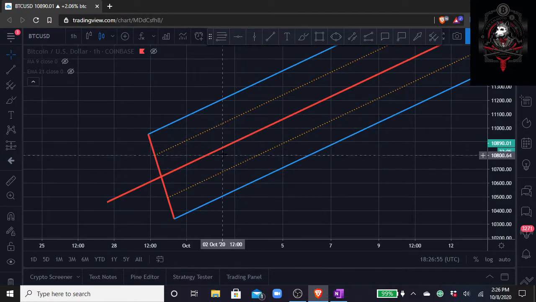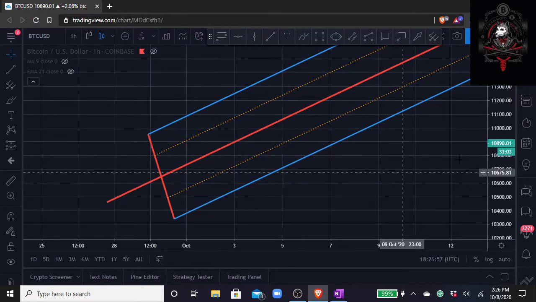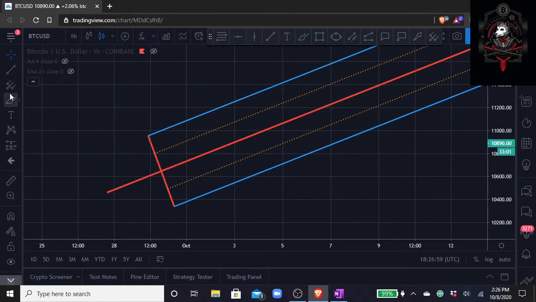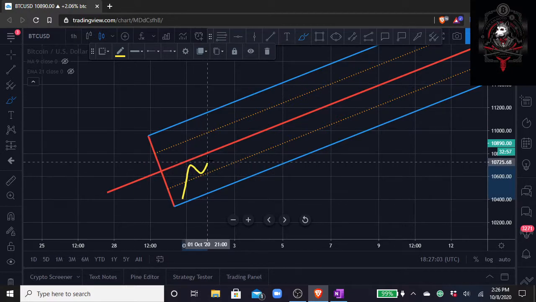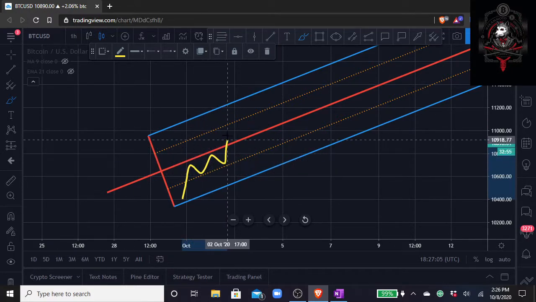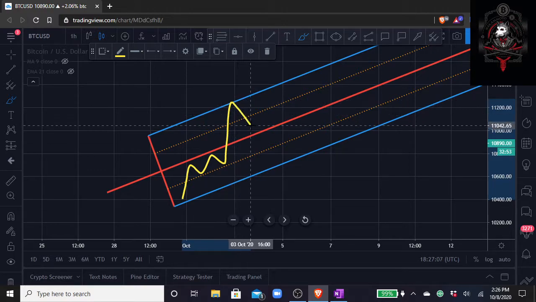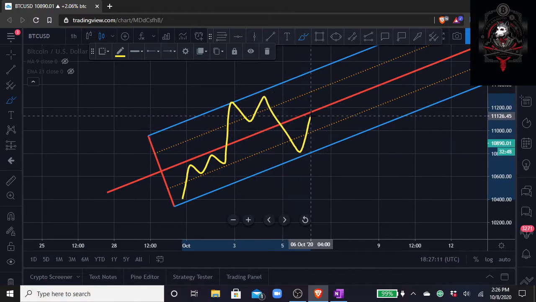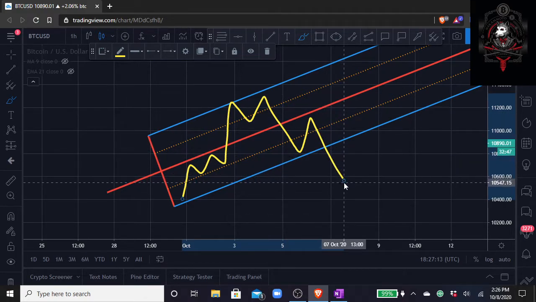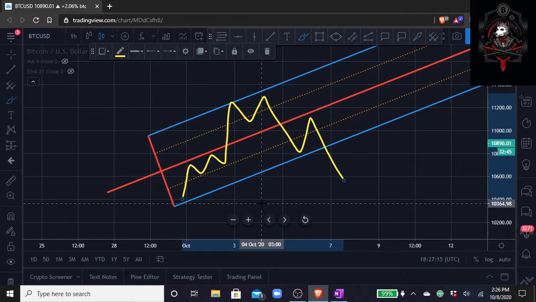And then so let's say you draw this pitchfork, and price will normally just stay inside the pitchfork. You want it to respect your lines. Okay, but if it falls out of your pitchfork, this is when you want to use an extended pitchfork.